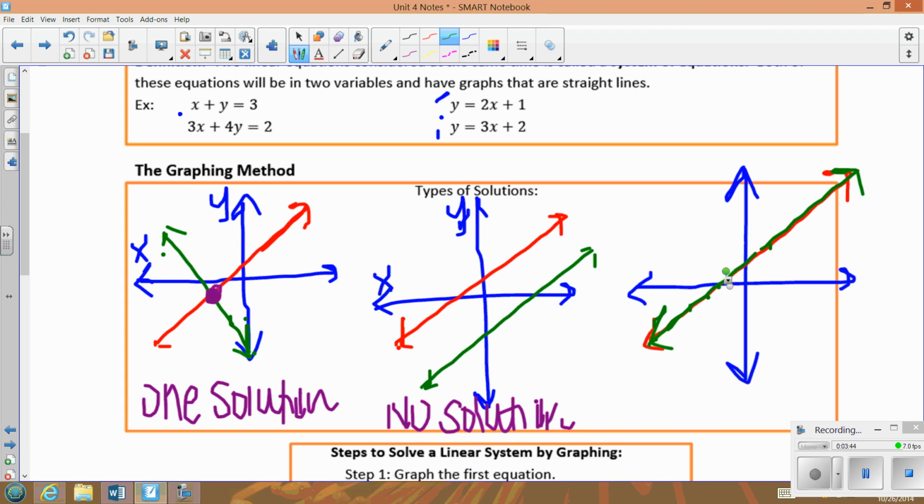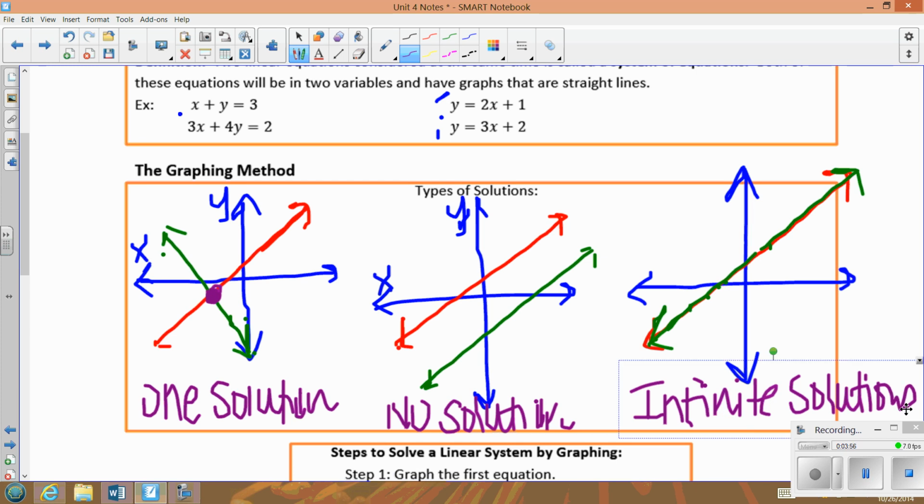So this would be a case of infinite solutions. So these are going to be our three scenarios. Again, the first one's the most common, when your graph intersects once, but it is possible for the lines never to cross or to cross in infinitely many places.